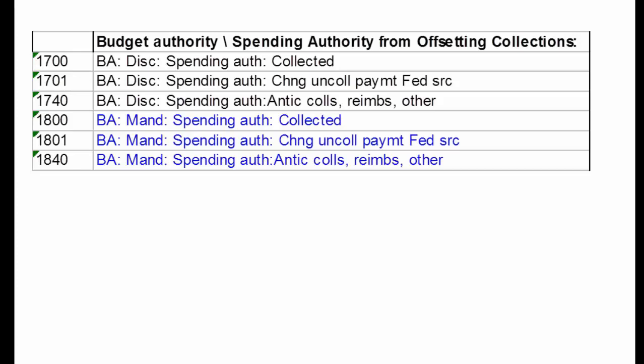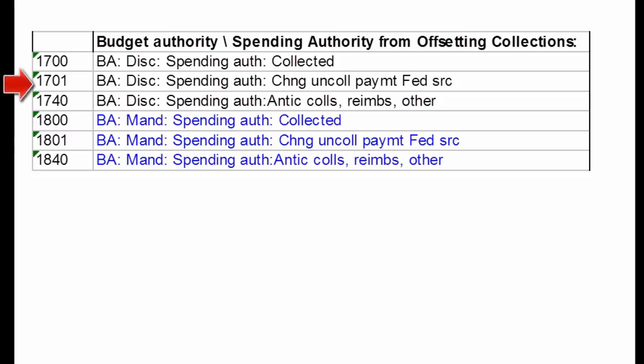Discretionary and mandatory spending authority from offsetting collections. These lines reflect resources that an account is authorized to collect and spend. Lines 1700 and 1800 reflect actual collections, either discretionary or mandatory.